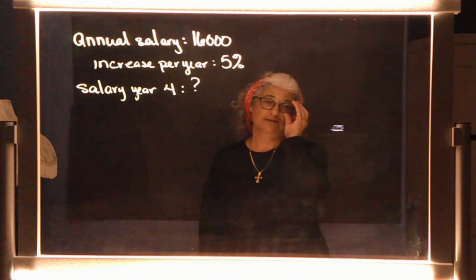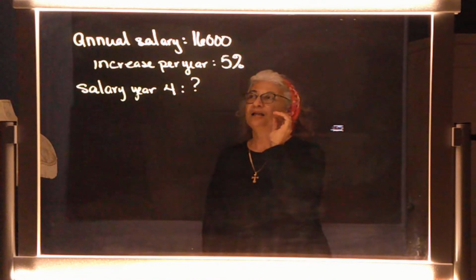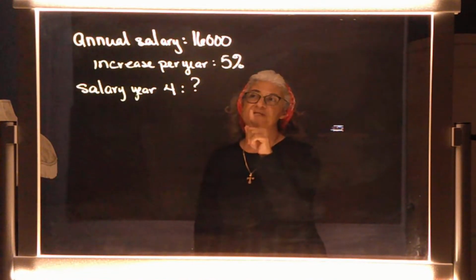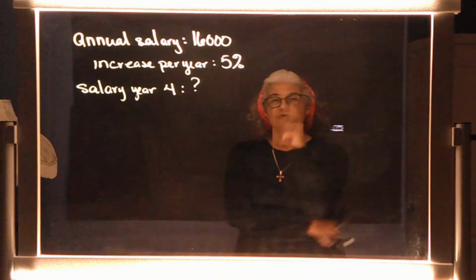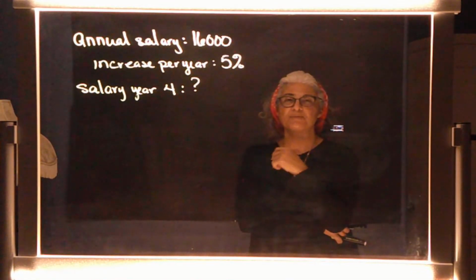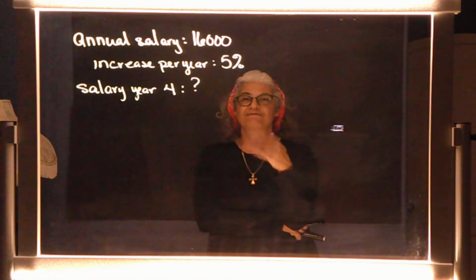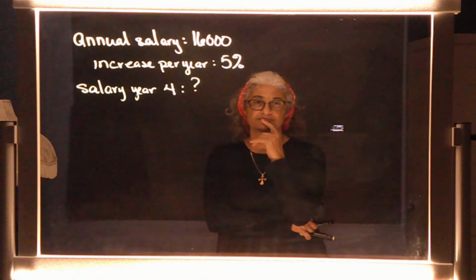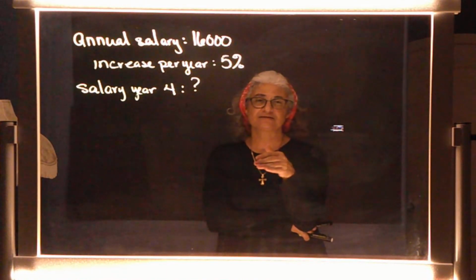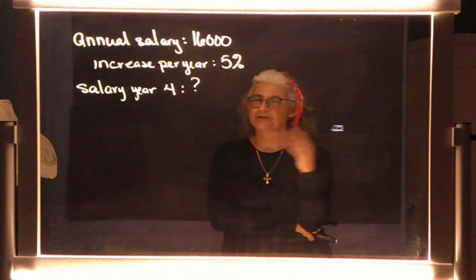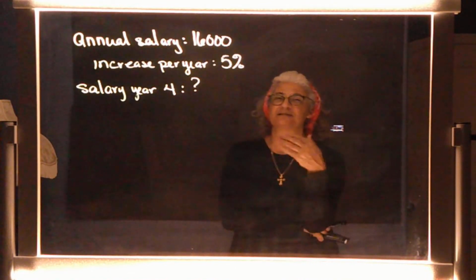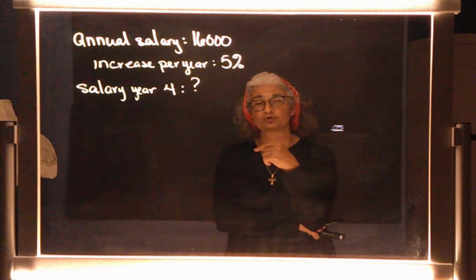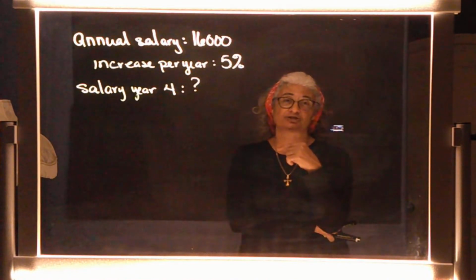Well, here's the deal. The increase is 5% per year. So, answer me this. What operation are you going to use to find your salary from one year to the next? Are you going to add 5%? You're like, yeah, but okay, but how do you come up with the 5%? Yeah, you got to multiply to come up with the 5%, don't you?